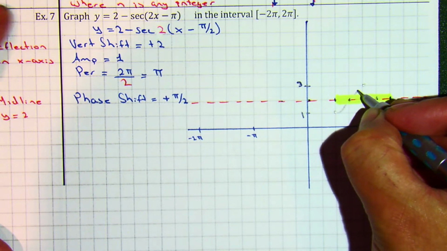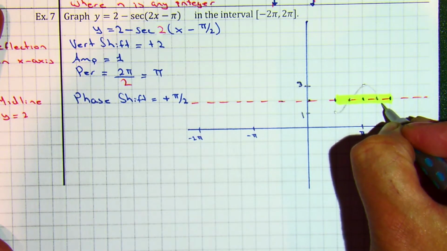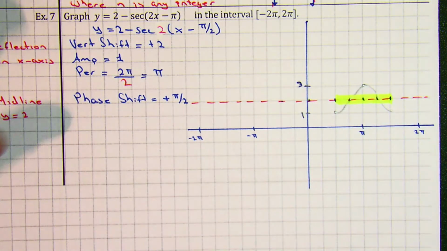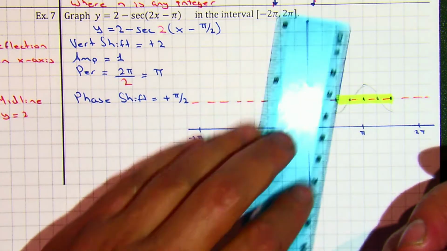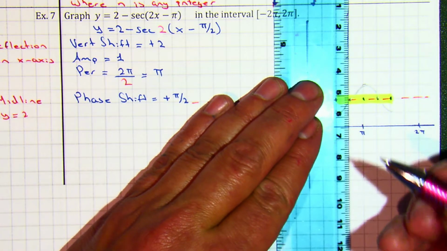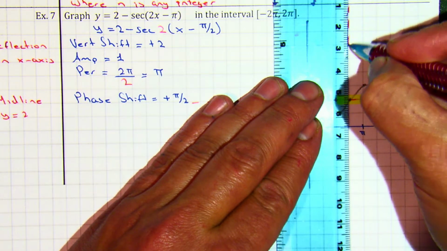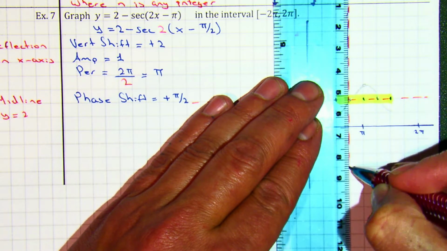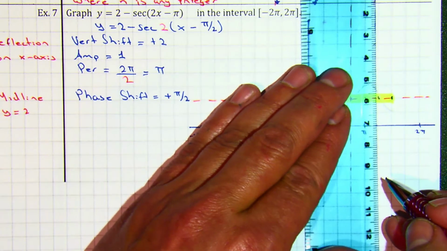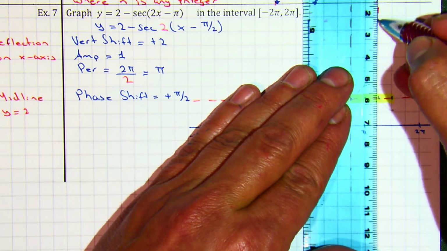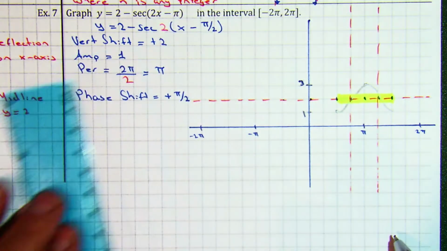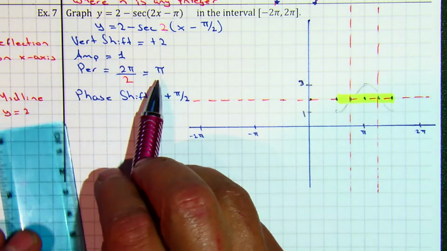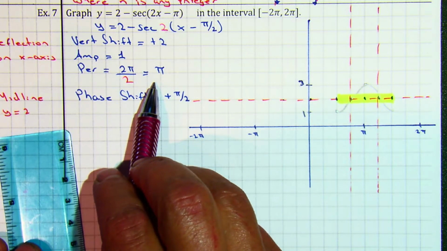So it's going to be something like this. And every time it crosses your midline, it's going to be your asymptote. In other words, your asymptote repeats every pi over 2, something to keep in mind. It's always half of a period.